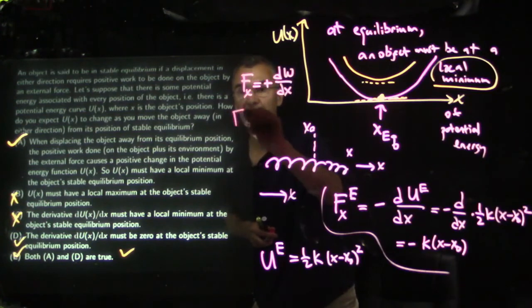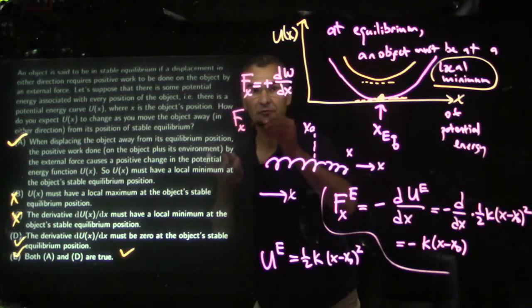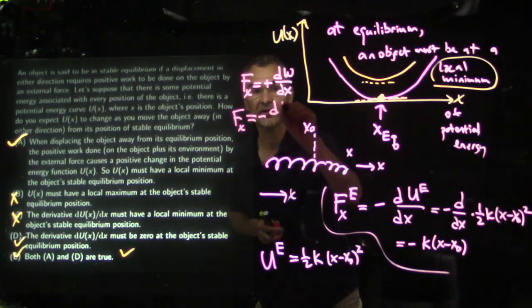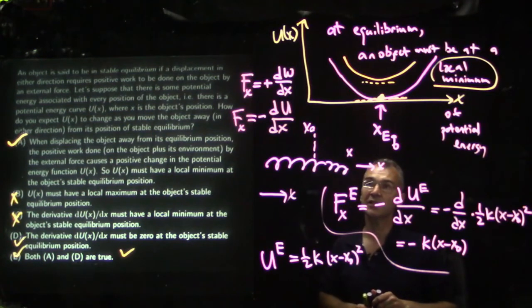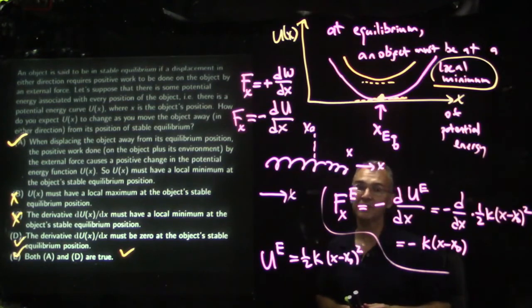But we also say that the force in the x direction exerted by a force that can be represented by a potential energy is actually minus the derivative of that potential energy function with respect to position. So that's a little bit tricky. So force is plus dW/dx, but force is minus dU/dx.